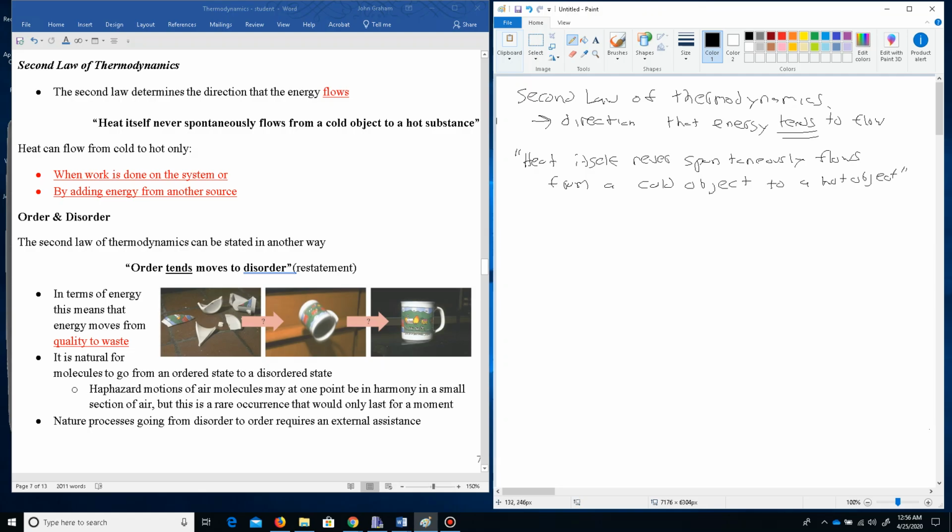Right. Heat can only do this, flow from a cold object to a hot object, if one of two things happen. Work is done on the system, or by adding energy from another source.